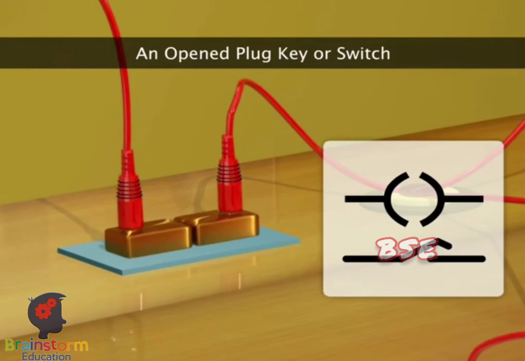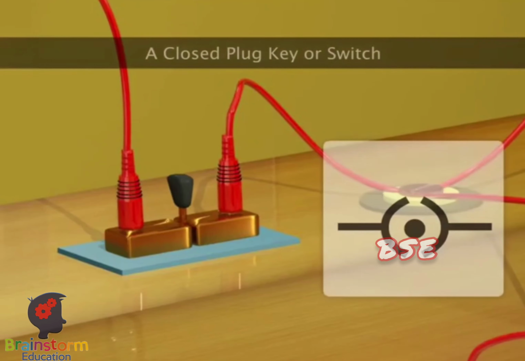When we remove the central key, there is no supply of current. It is also represented as a broken line. A plug key or switch in closed position is represented as two parentheses with a dot, as shown here. When we insert the central key, there is a supply of current.